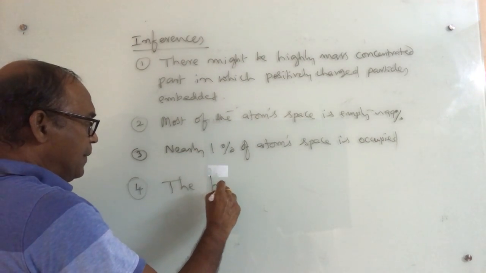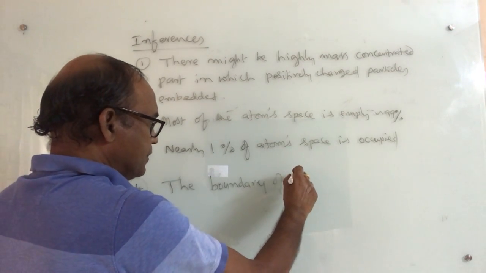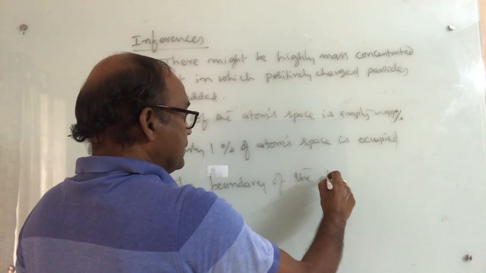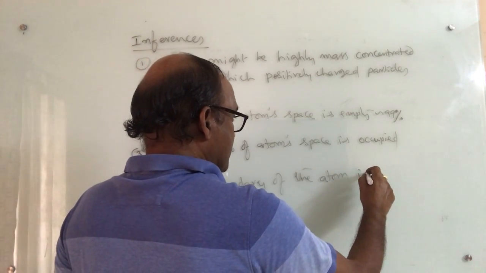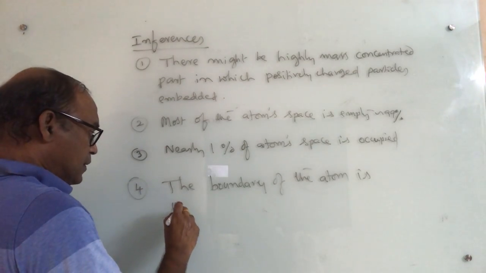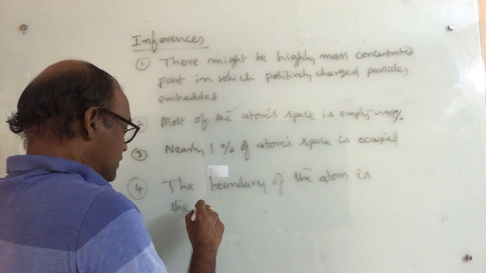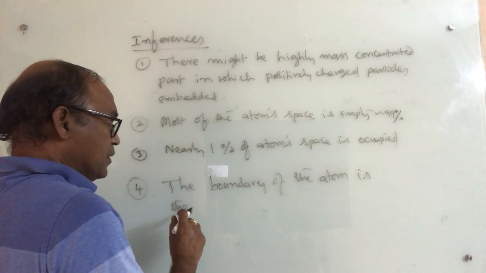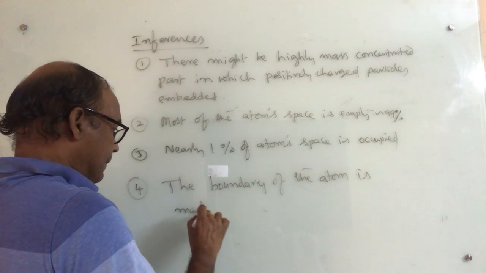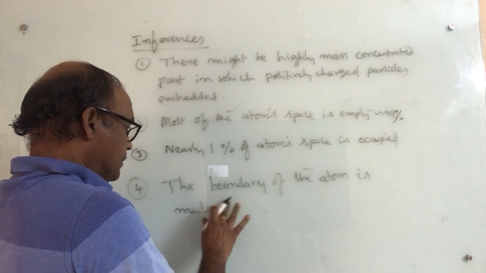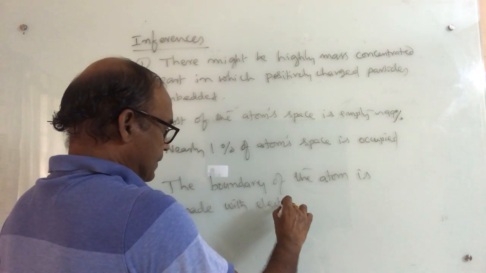The boundary of the atom is made with electrons.